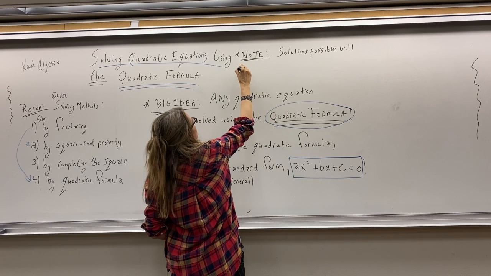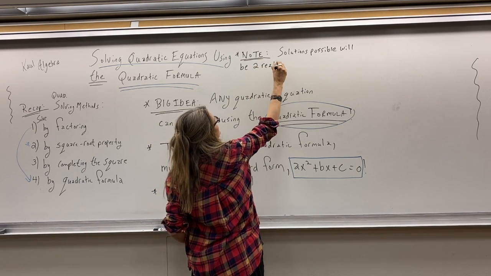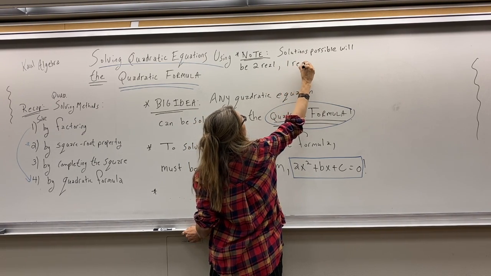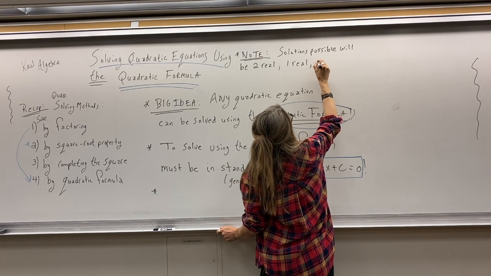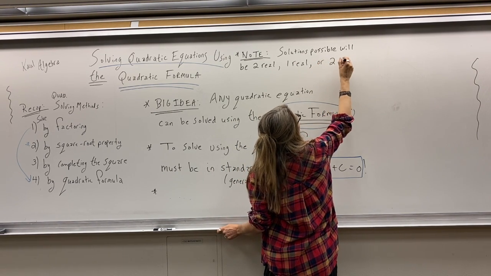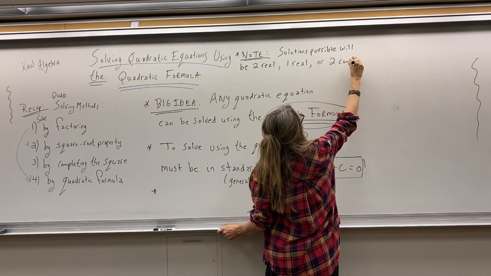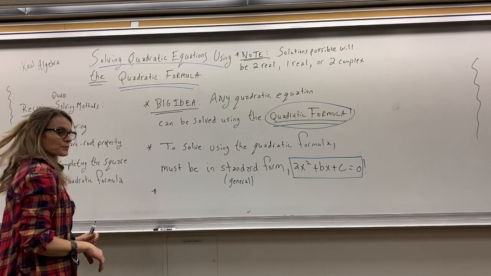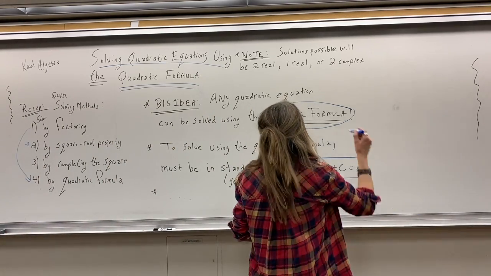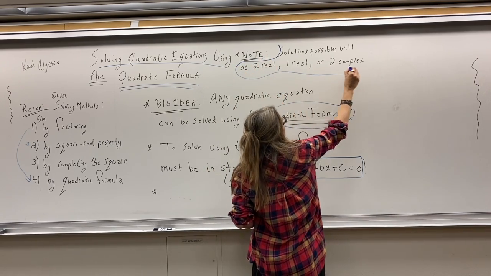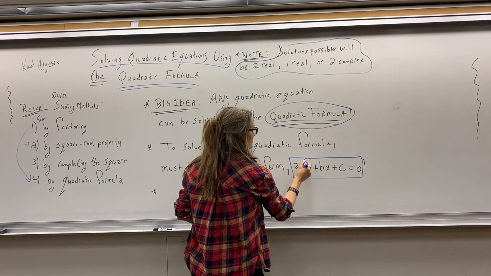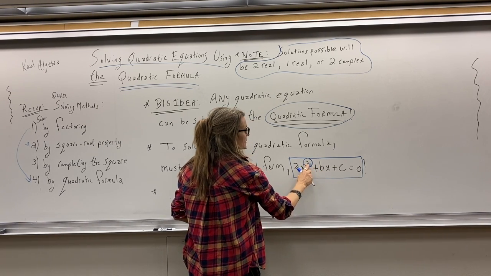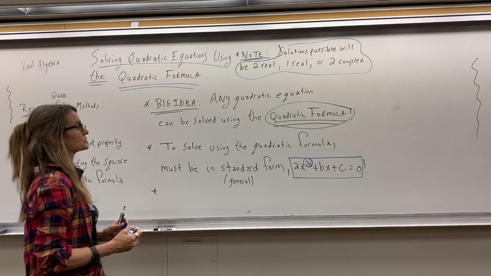Your possible solutions will be 2 real solutions, or 1 real solution, or 2 non-real or complex solutions. Okay? So you're going to have 3 different possibilities when you actually solve them. And since a quadratic is to the second power, you always have up to the highest exponent, up to 2 solutions.